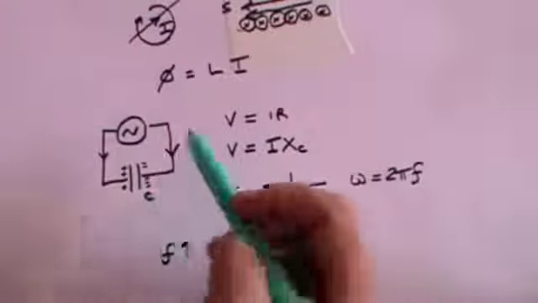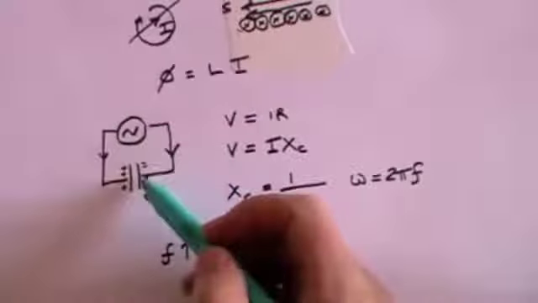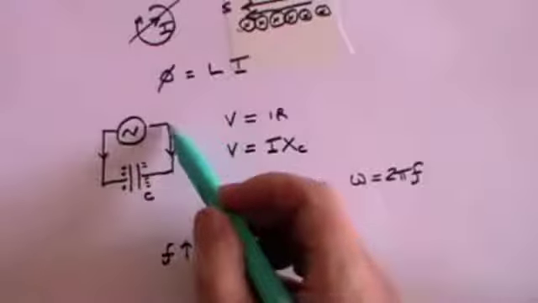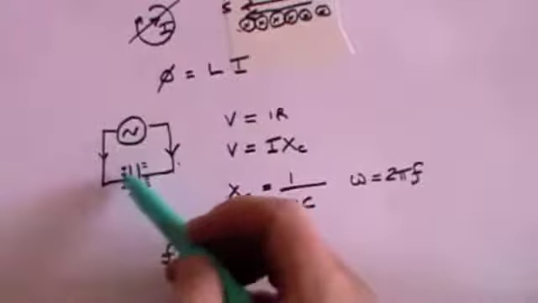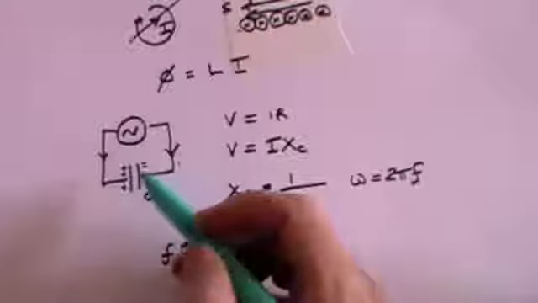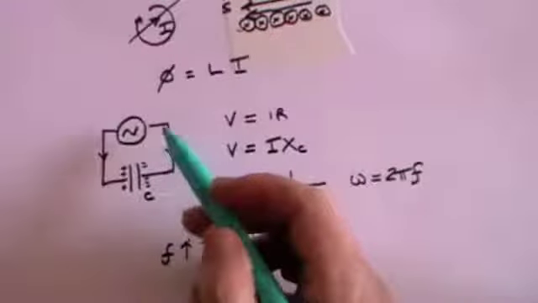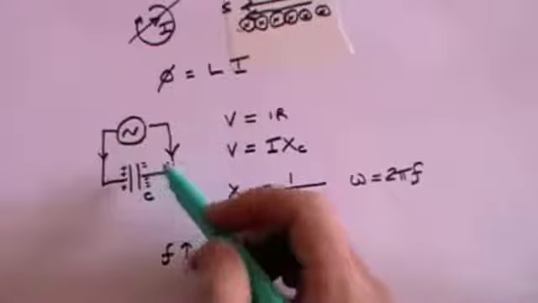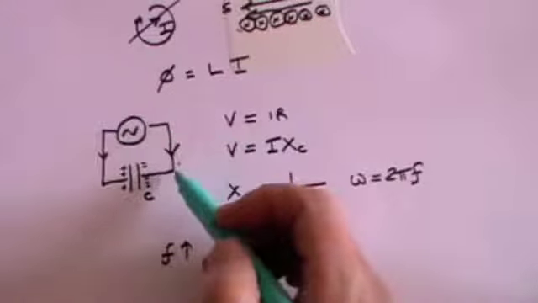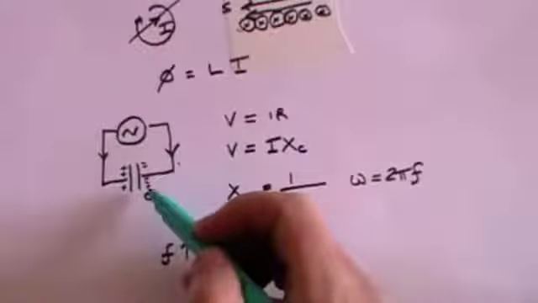So consequently, you've got no time, or very little time, for the electrons to build up on this plate and then begin to impede the flow of electrons before the electrons are now coming the other way. So the higher the frequency, the less impact there will be, because there will be fewer electrons building up, and therefore a lesser effect of repelling the electrons that are still coming along.